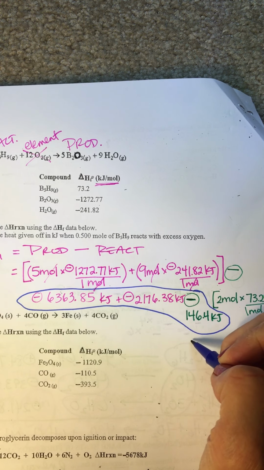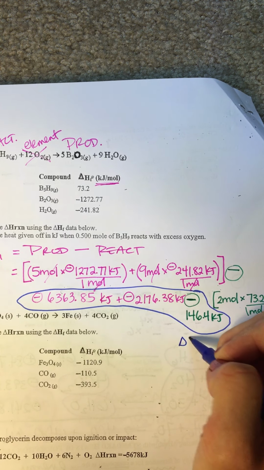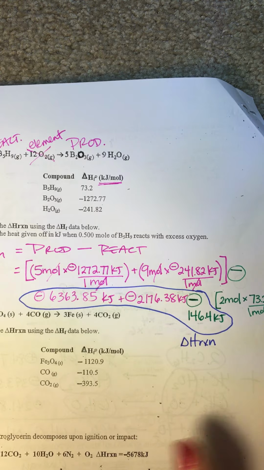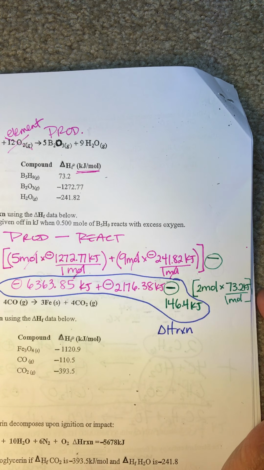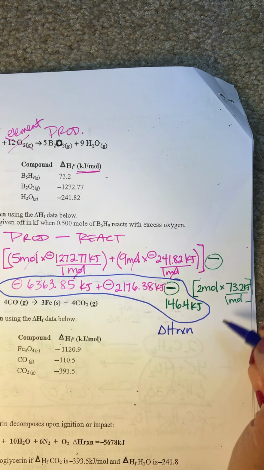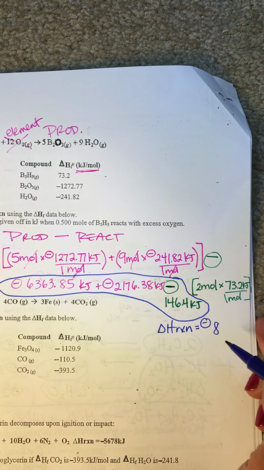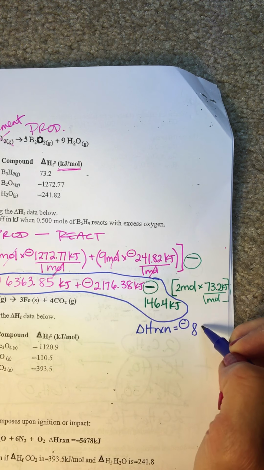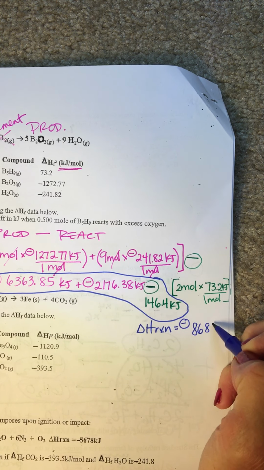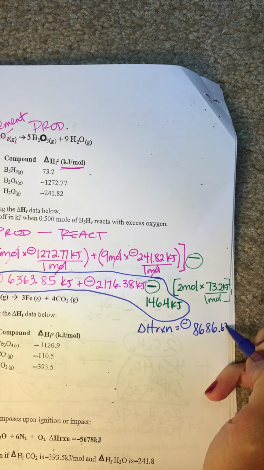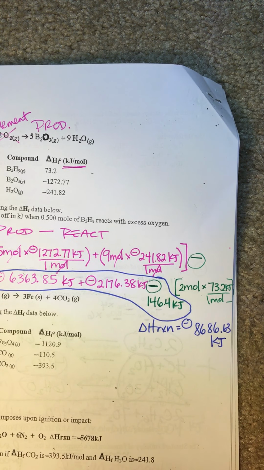Okay, so I'm getting a total value, my delta H of the reaction. And again, this is for question number 1. I'm going to let you work on the other one. Is equal to negative, really big number. So we've got a nice combustion reaction, 8686.63, and this is simply kilojoules.